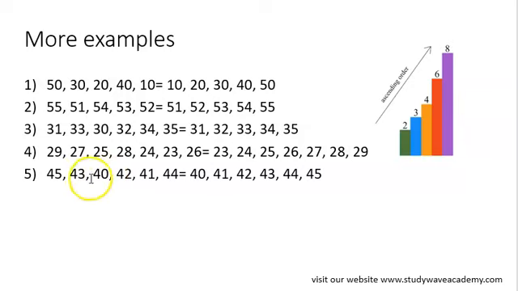Let's go. 40, 41, 42, 43, 44, 45. What are we going to do now? We are going to write it out, okay? From the smallest to the biggest. 40, 41, 42, 43, 44, 45. Let's clap for ourselves.